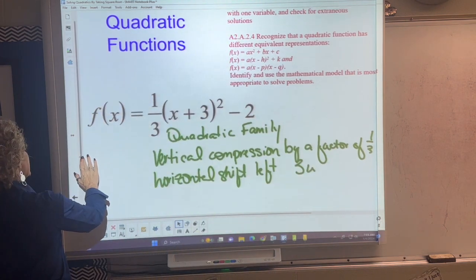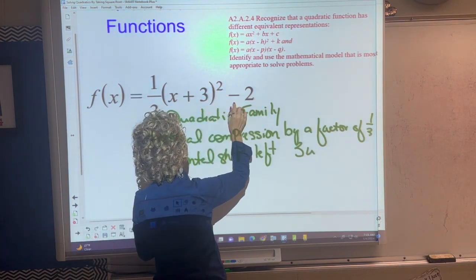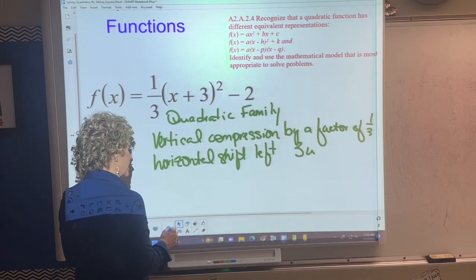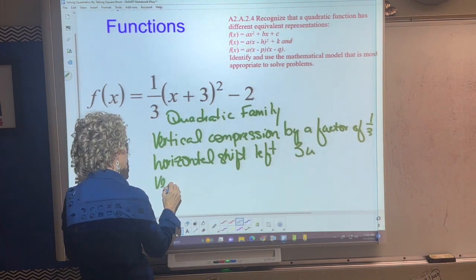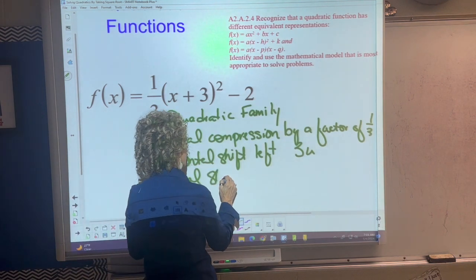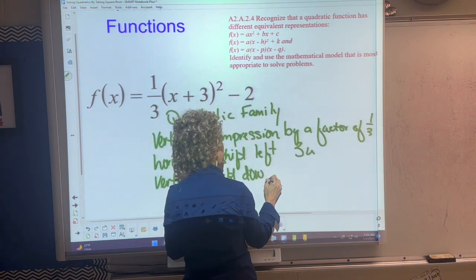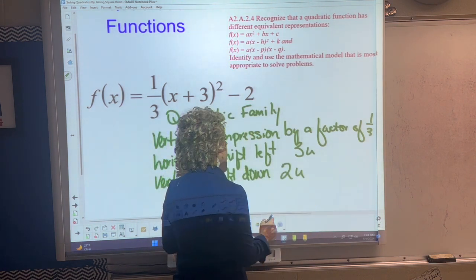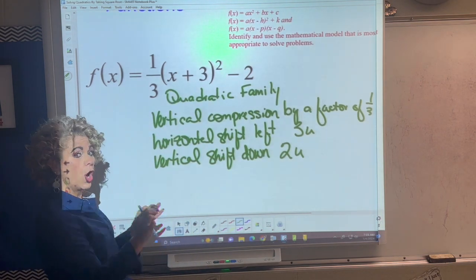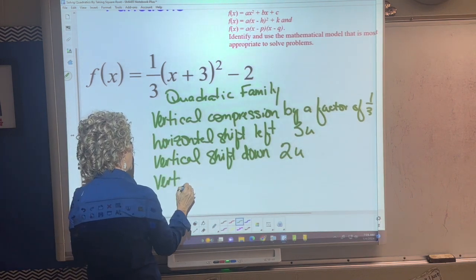The very next thing that we see is our -2. That's our k value, and our k value is our vertical shift. Our vertical shift is exactly how it appears. That's a -2, so since it's negative, it's down 2 units. Because we had a shift at all, our vertex changed, so we have to mention that.